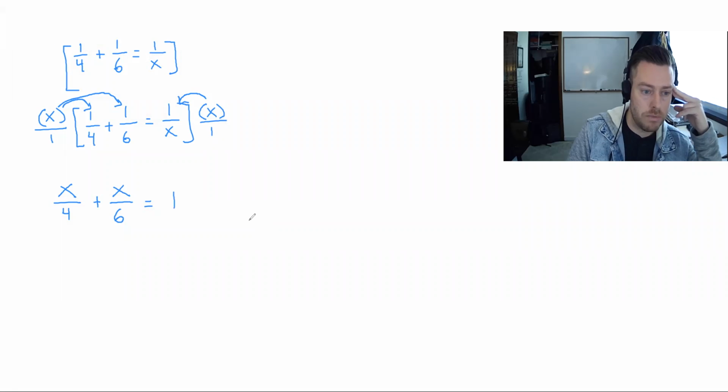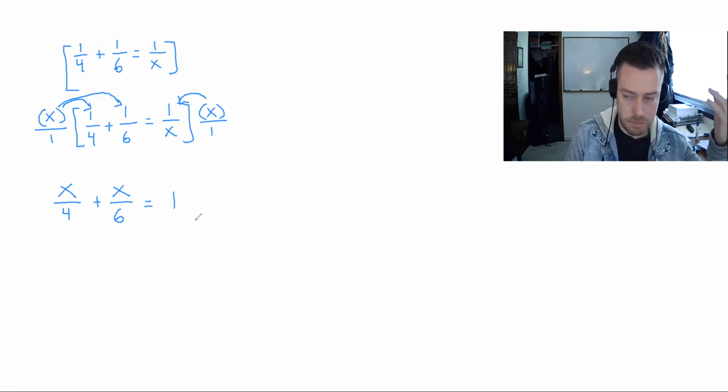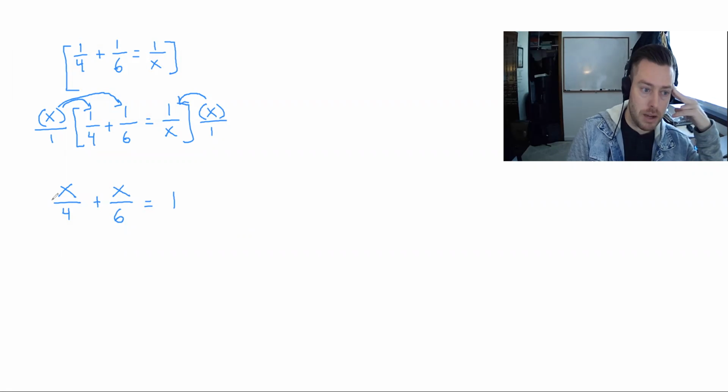Okay, cool. We still have a couple more things to do, but it's going to be super similar. I personally don't like this 4 or this 6 here in the bottom. So what we're going to be doing is multiplying both sides again, except this time we're going to be multiplying by, let's just do 4 to get rid of this 4. So it's going to be 4 over 1 and 4 over 1.